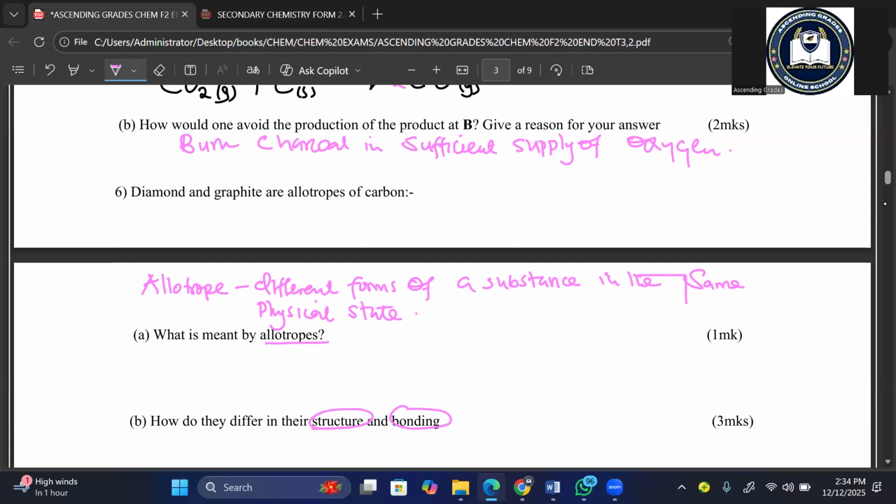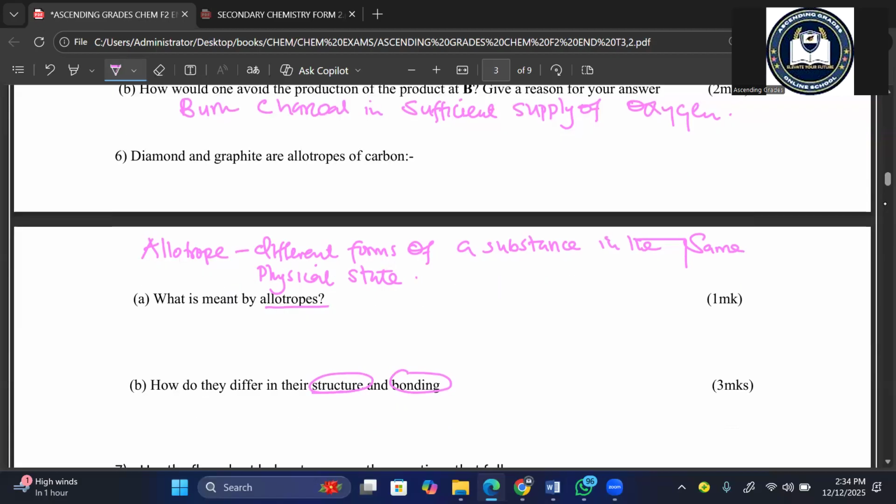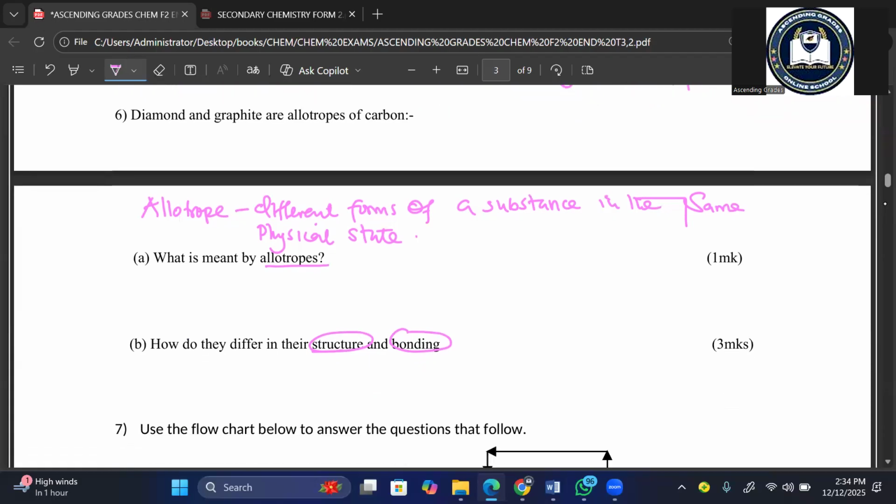So we can start with graphite. In graphite, each carbon is bonded to three others.